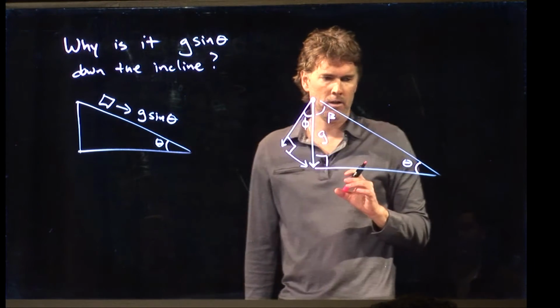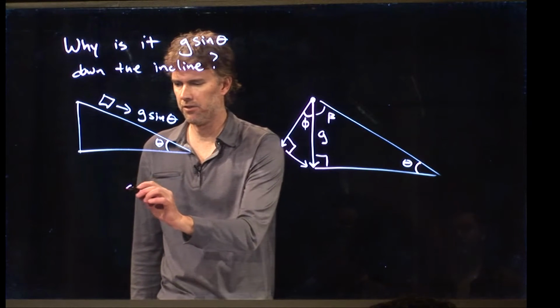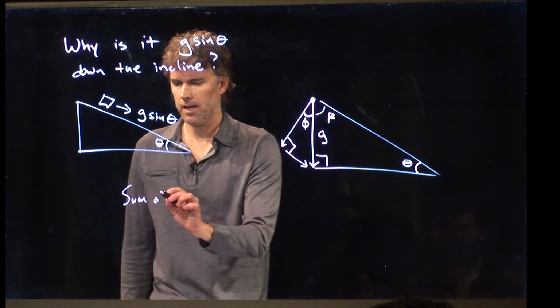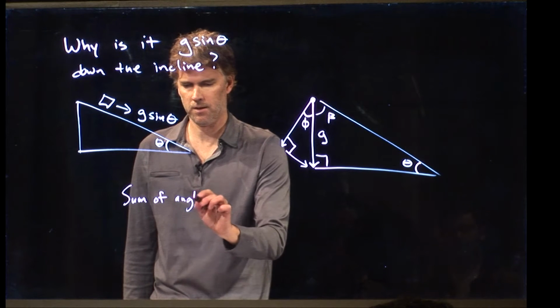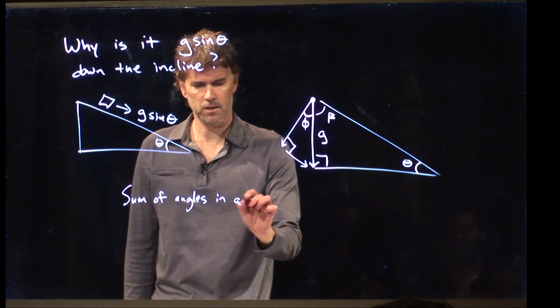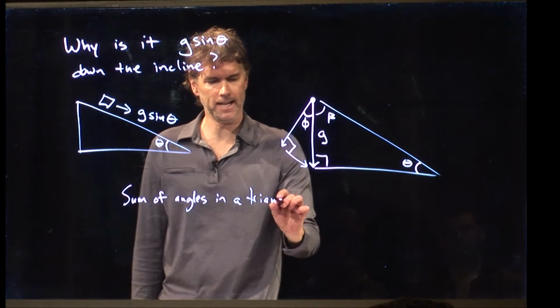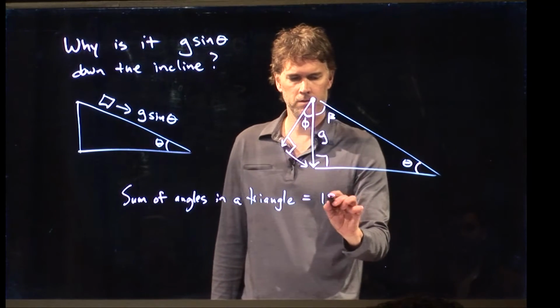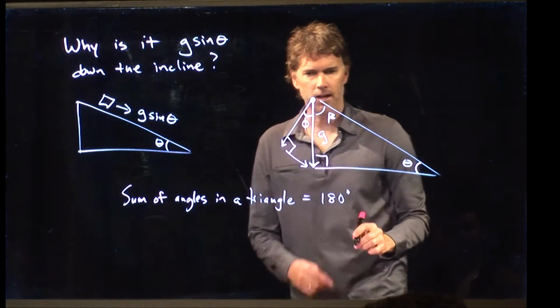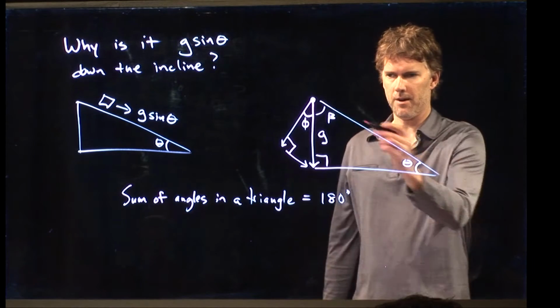All right? So we know that the sum of angles in a triangle equals 180 degrees. So let's take a look at this triangle right here.